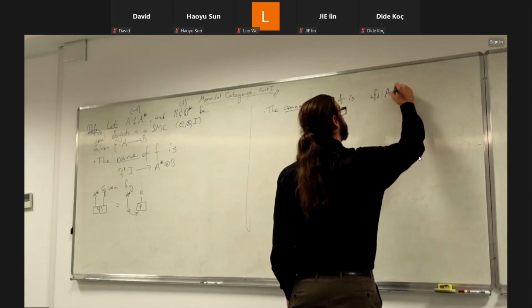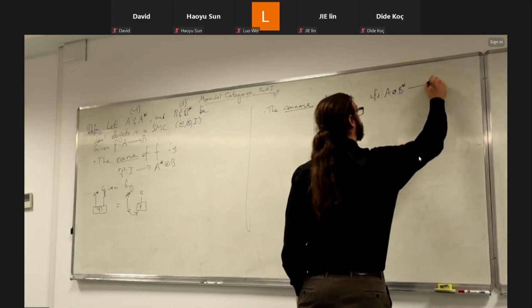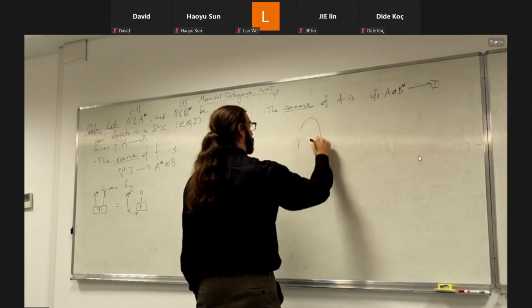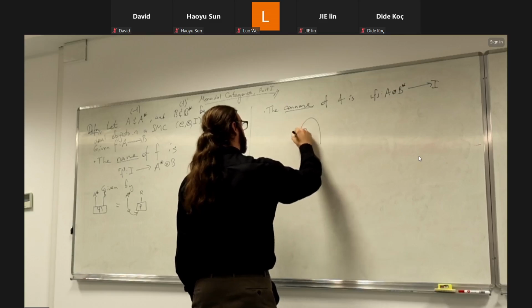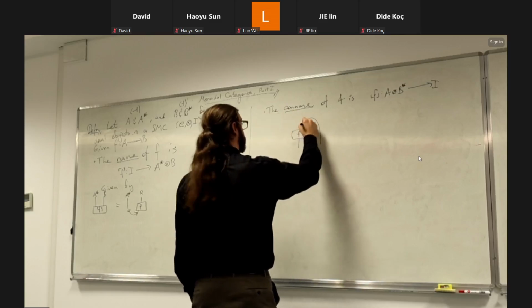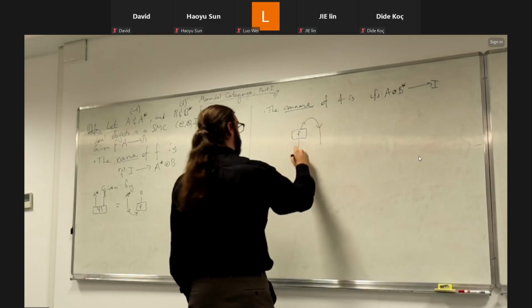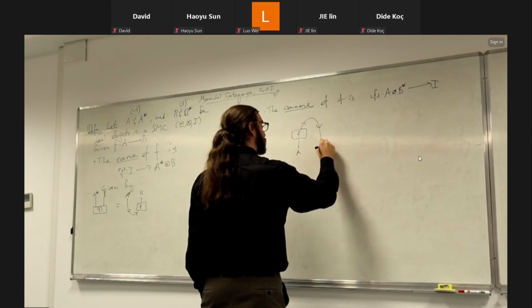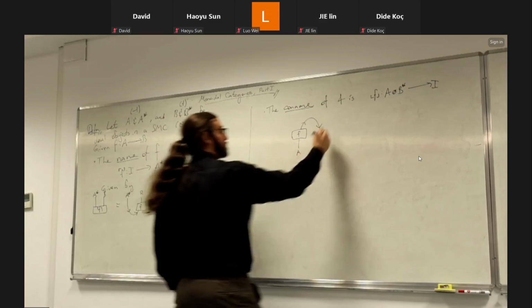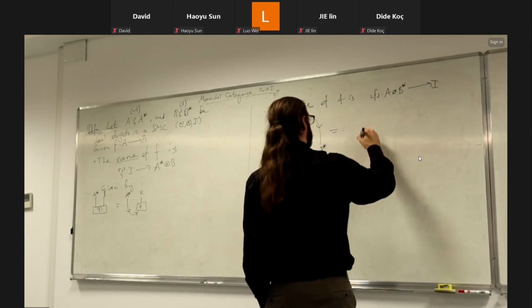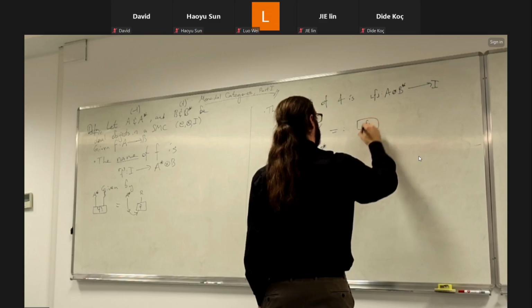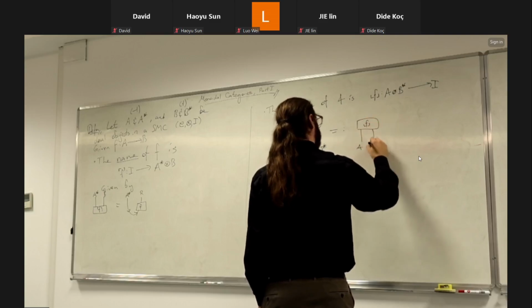A tensor B star to I, given by F goes from A, B, B star. And this is, again, the coname of F.